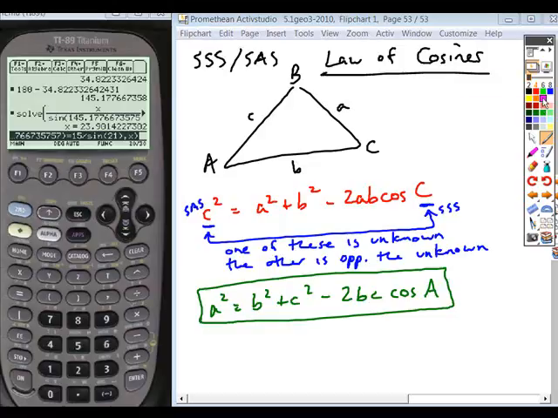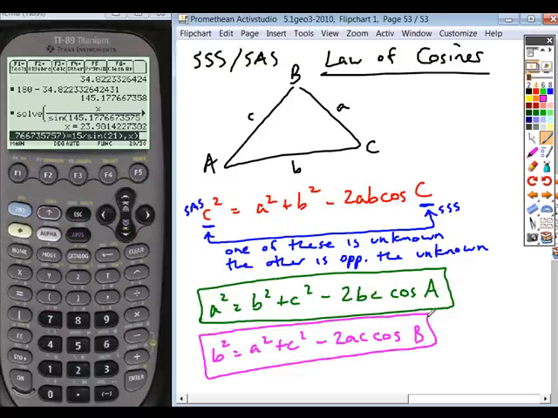The relationships are still the same. And if B was our unknown, we might have the form B squared is equal to the sum of the squares of the other two sides minus twice the product of those two sides times the cosine of the angle opposite B. So this would be a possible law of cosines as well.